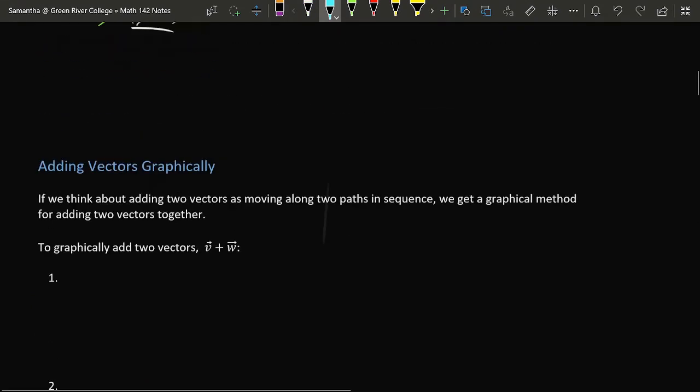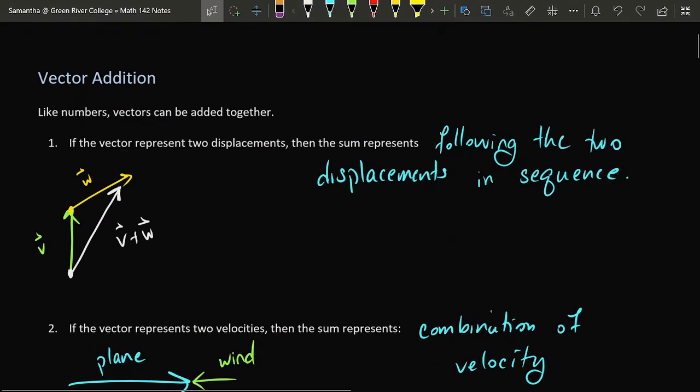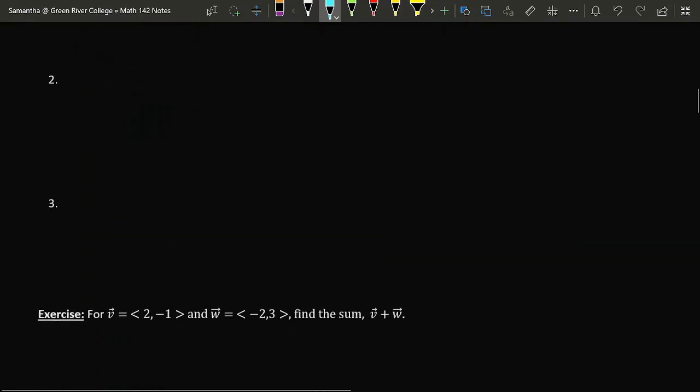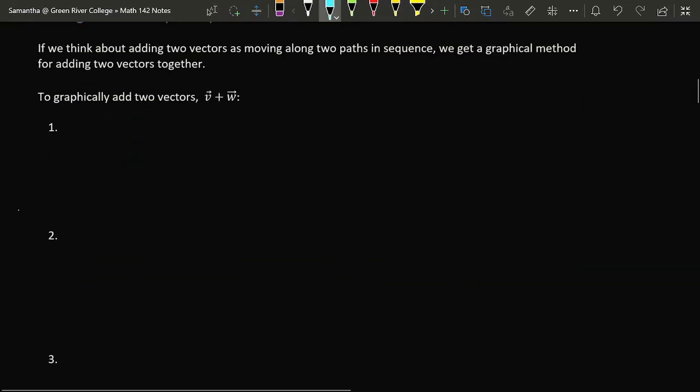Now, it's the first way of thinking about adding two vectors together that provides us with a graphical technique for finding the sum of two vectors. If I want to graphically add together two vectors v and w, then I can do that in 3 steps. The first thing that I do is I draw the first vector v with its tail at the origin.